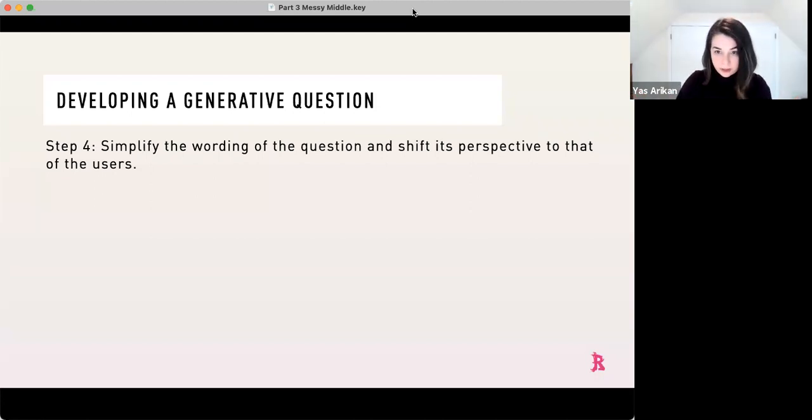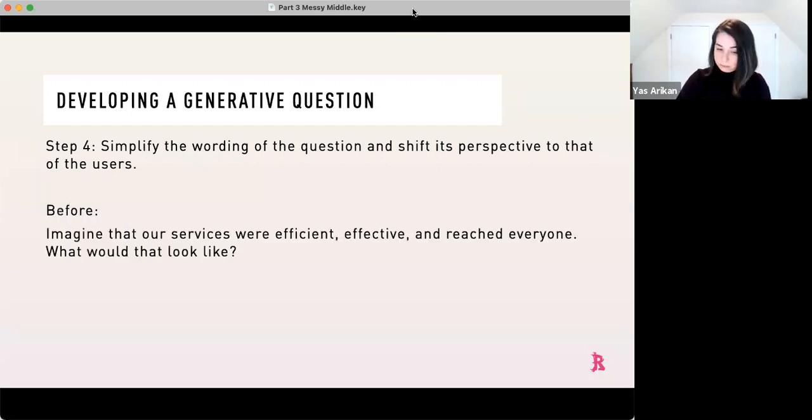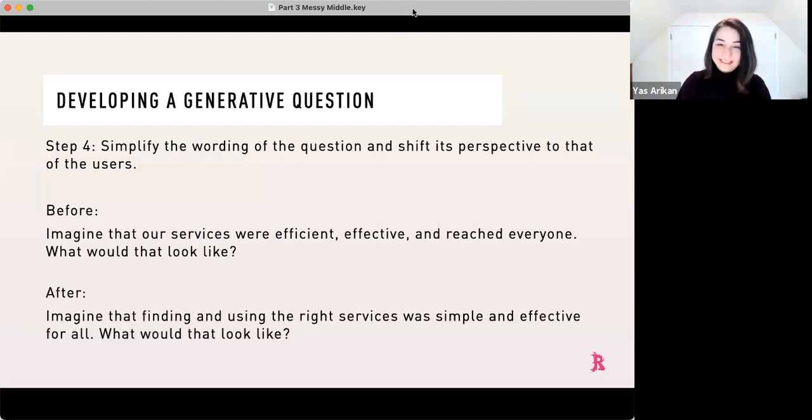So let me show you an example. Before, this is what I had, right? Our services were effective, efficient, and reached everyone. What would that look like? Very nice question, but this one is a little better. This one is more about the user. Imagine that finding and using the right services was simple and effective for all. What would that look like?